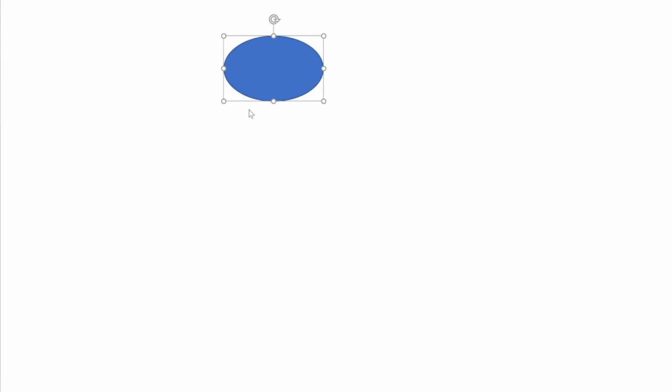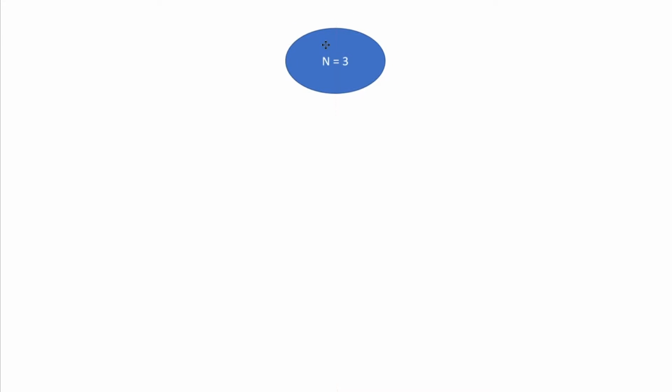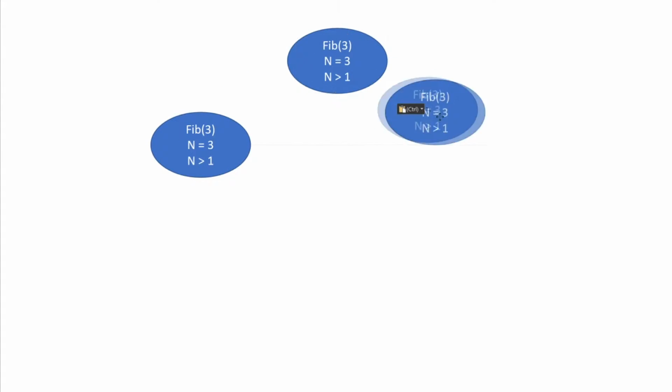So this is n equals 3. So then when that gets called, center fib 3, n equals 3, that means that because n is greater than 1, to learn how to type, that means we call 2 functions.